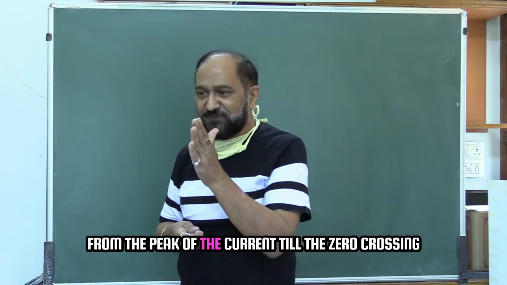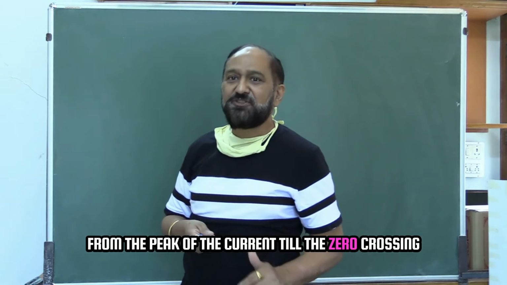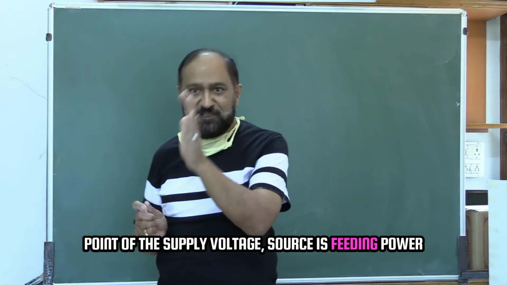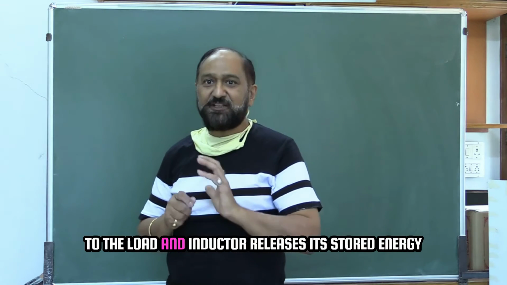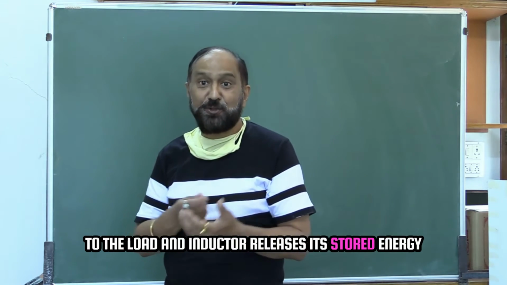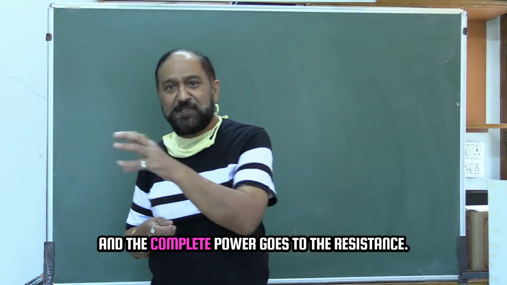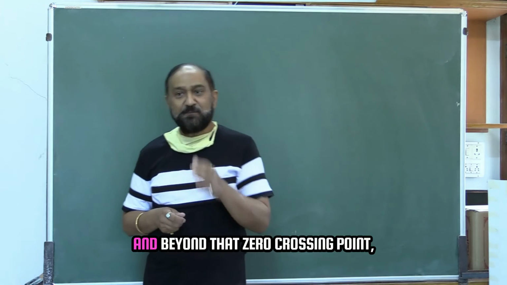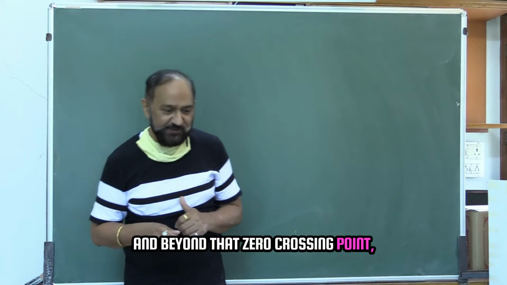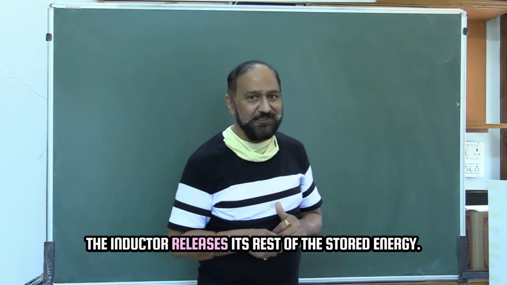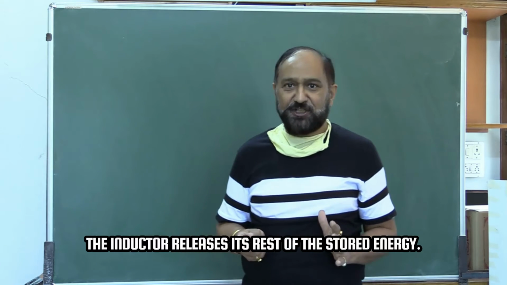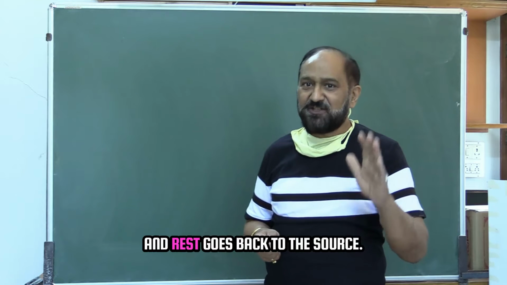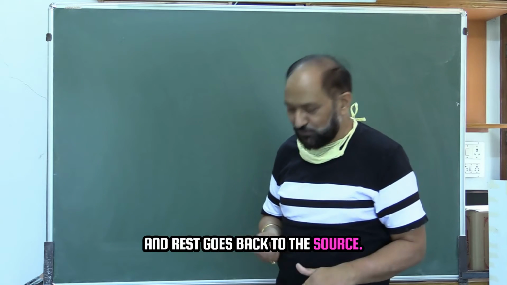From the peak of the current till the zero crossing point of the supply voltage, the source is feeding power to the load and the inductor releases its stored energy, and the complete power goes to the resistance. And beyond that zero crossing point, the inductor releases the rest of its stored energy. Part of that goes to the resistance and the rest goes back to the source.